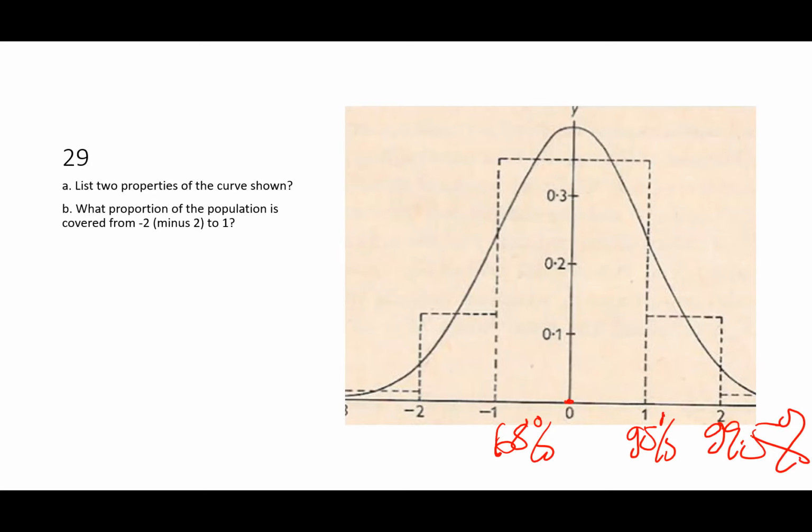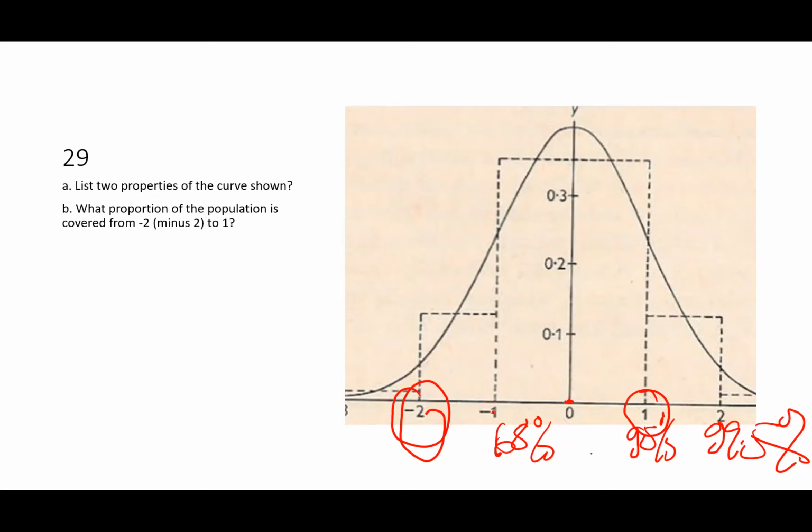What proportion of the population is covered from -2 to 1? So from -2 here to 1, you can see we have mentioned the percentages.